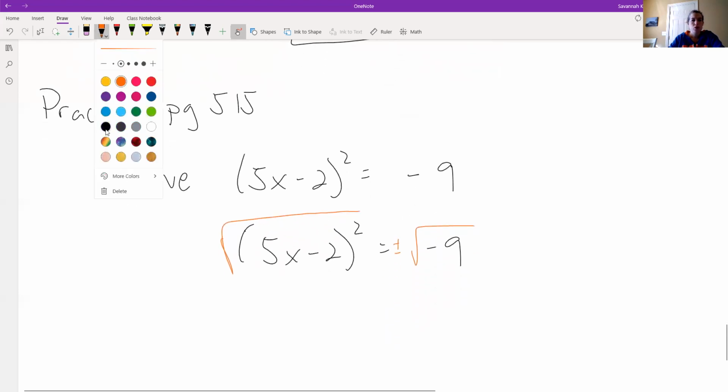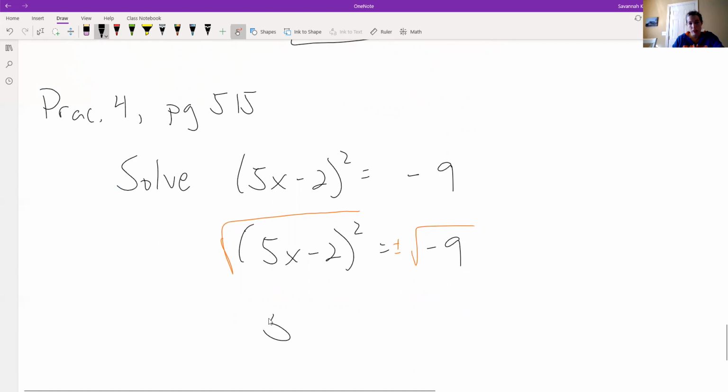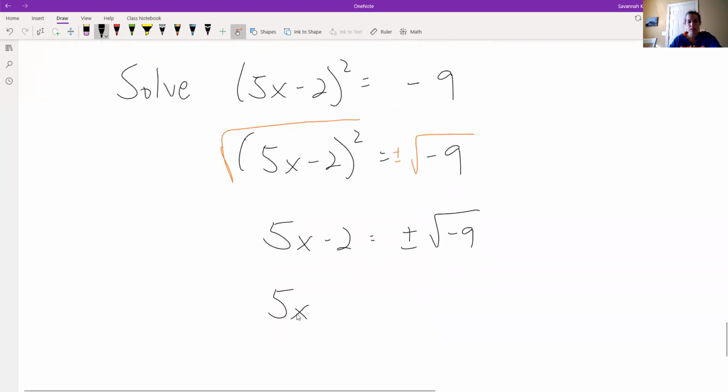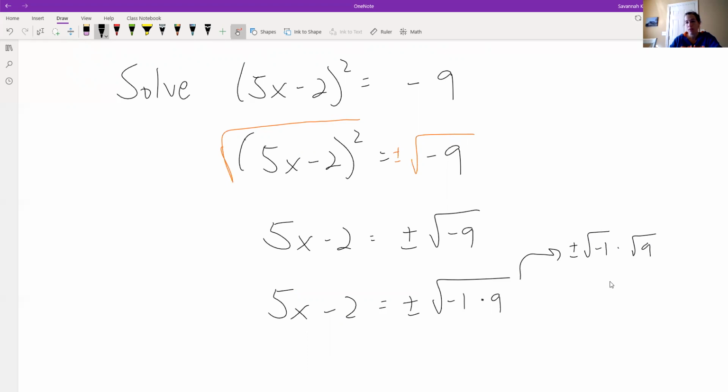Okay. Square rooting the squared quantity releases my 5x minus 2, just like I wanted it to. And then I've got this plus or minus the square root of negative 9. Let me back up and do a little bit of a review on that section of chapter 8. The way we handled this was we recognized that negative 9 is negative 1 times 9, rewritten that way.